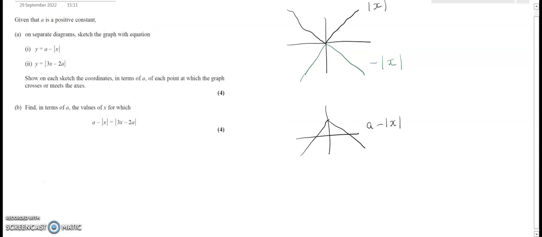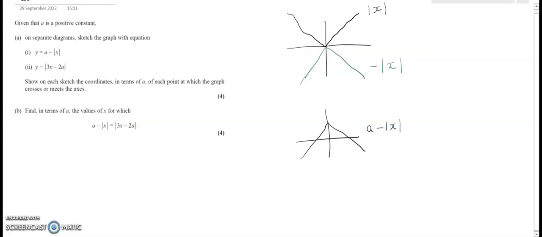So if you think about it for a second, right? On the right hand side, if I go back to my original mod of x, we had y equals x, and this other line is then going to be y equals minus x. But when you flip it over, when you go minus mod of x, this line is now y equals minus x, and this other line is y equals x.